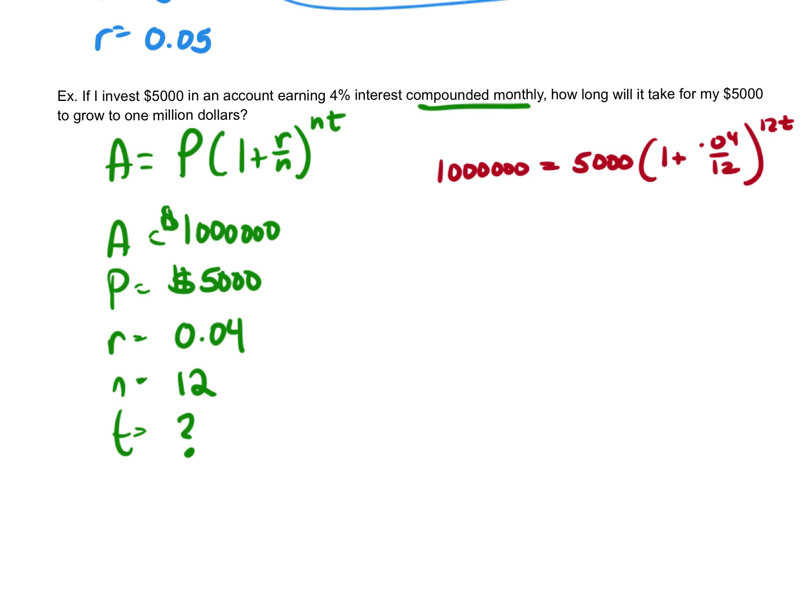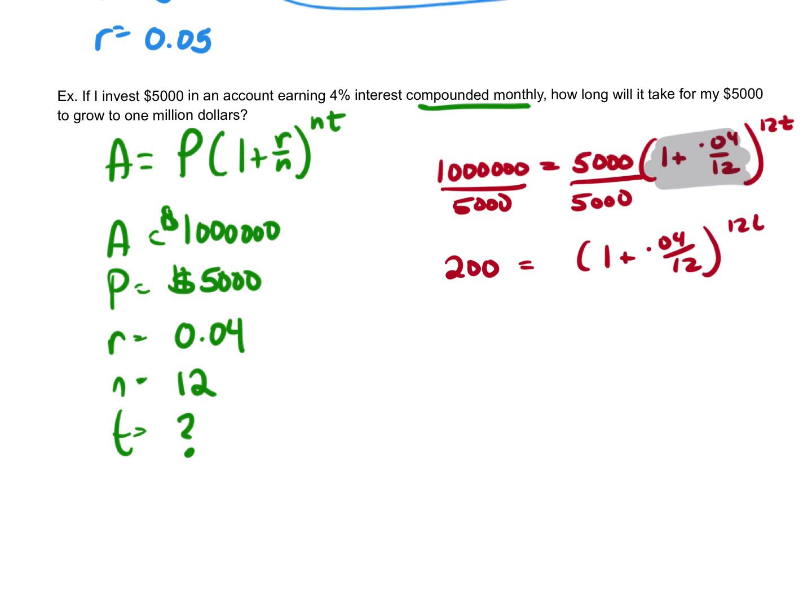Now, all of this is my base inside the exponential to the 12t. That's fine. I do the same idea. I would divide by 5,000. This is going to tell me how much bigger my money has to be. So 1 million divided by 5,000 is going to be 200, equals (1 + 0.04/12)^(12t).